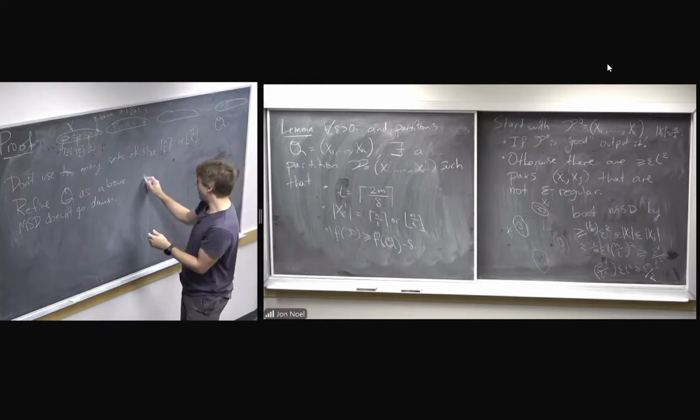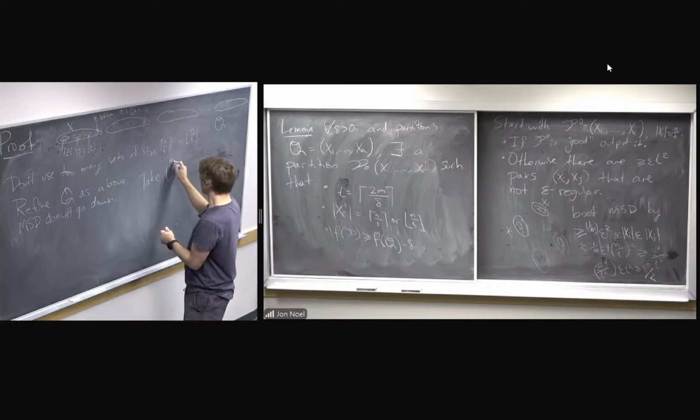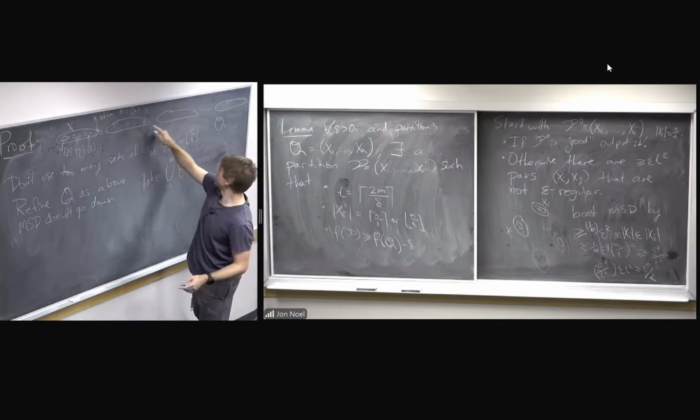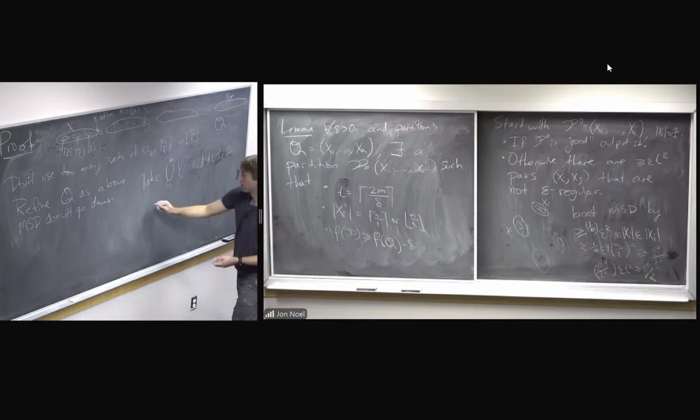So take my leftover stuff, the leftover stuff from x1, x2, up to xm, and chop it up into sets of size floor of n over t and ceiling of n over t, which you can do because we were careful in the first step.